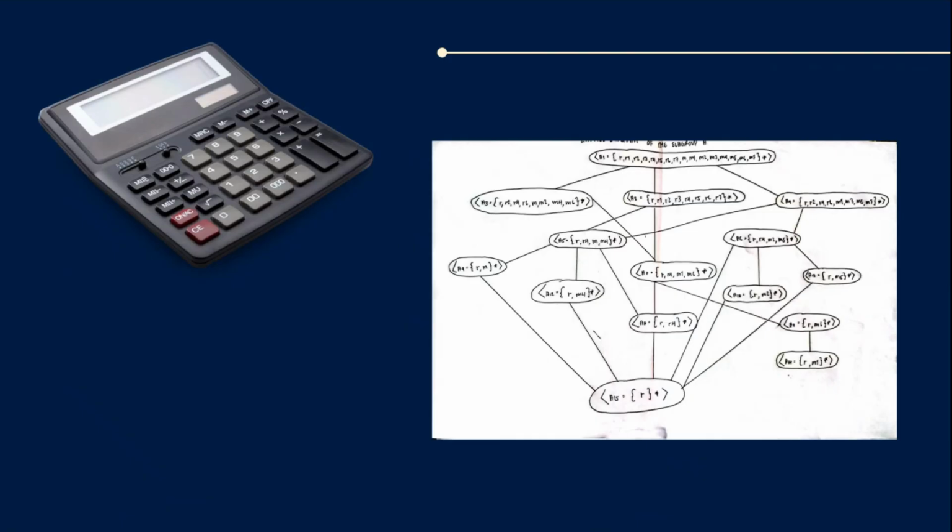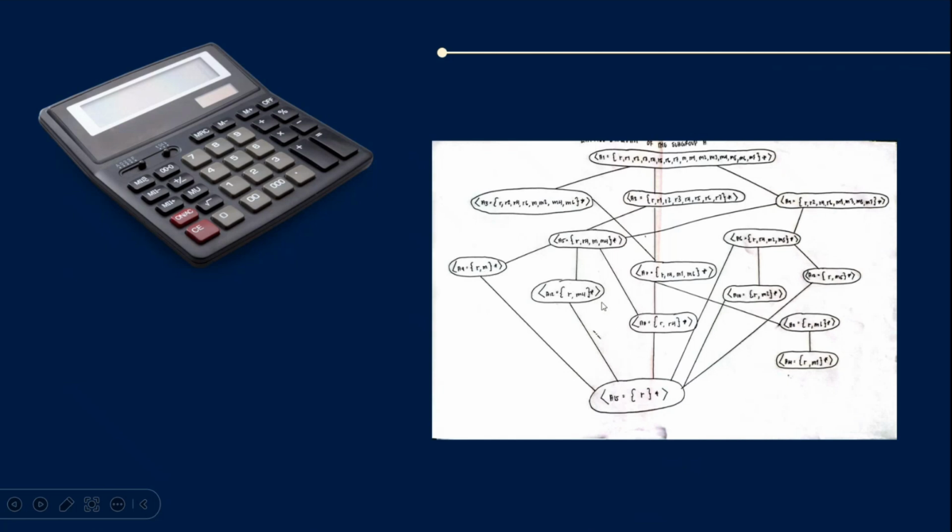And this is the lattice diagram. You have A1 at the top, then A2, A3, A4, and then A5, A6, A7, and A8.